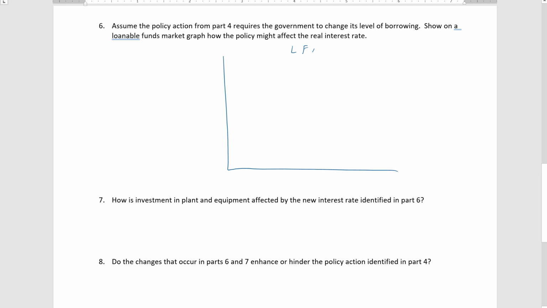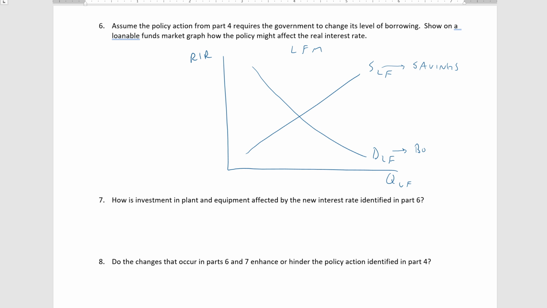So once again, in order to answer this question, I have to draw a loanable funds market graph. If there's going to be more borrowing, remember, let's remind ourselves, the supply curve is saving, the demand curve is borrowing.